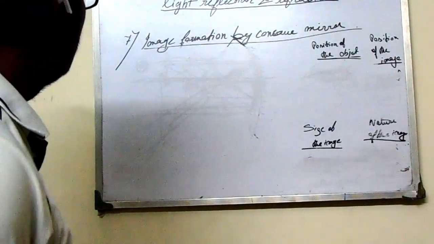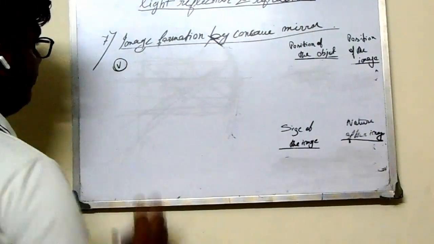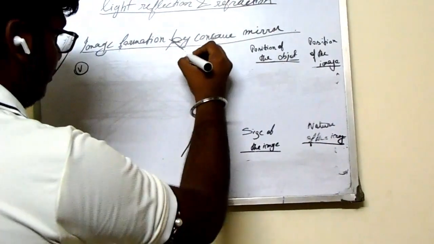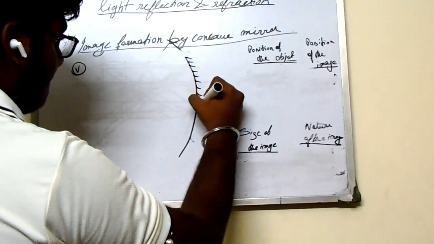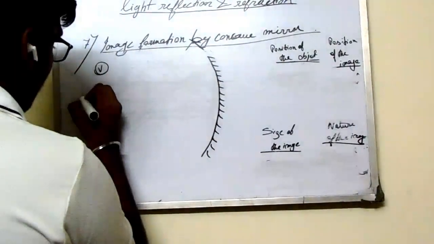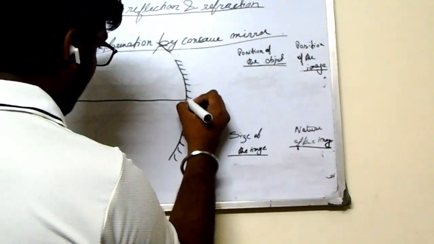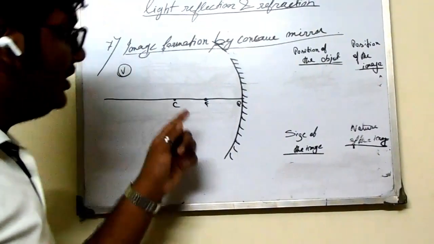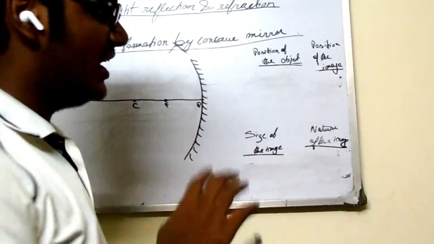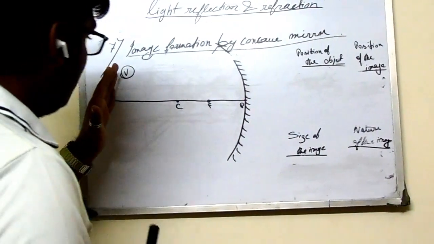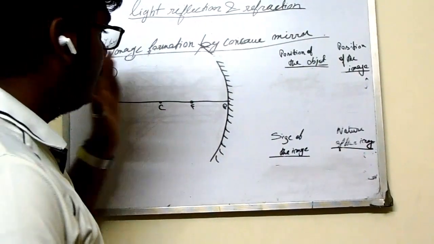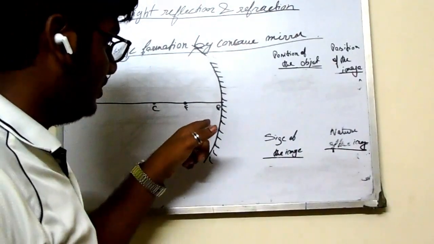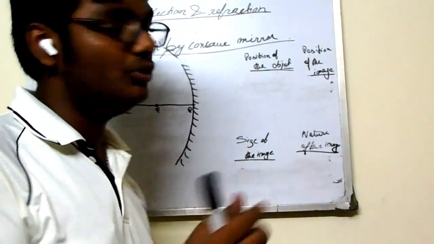Now option number 5. PFC. One thing is noticeable in these diagrams: as the object is going closer to the mirror, the image distance as well as the image size also changes.